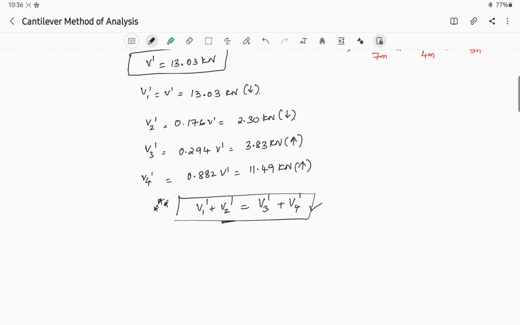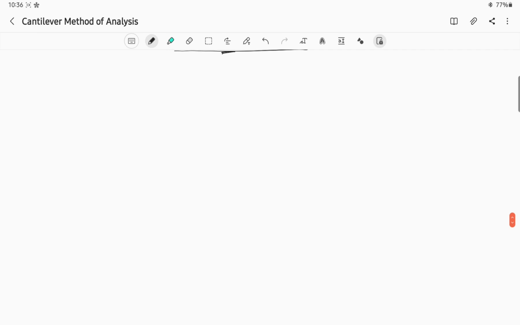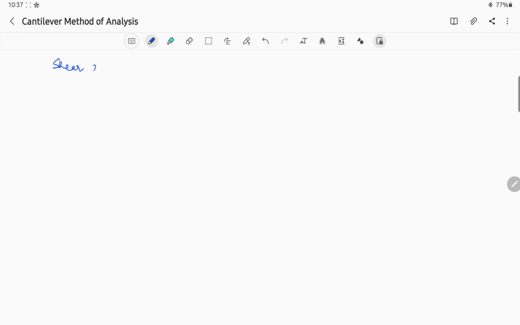Now after this step we have to go for another step, that is shear at the end of beam. So this is the fourth step, in which we are calculating shear at the end of beam.